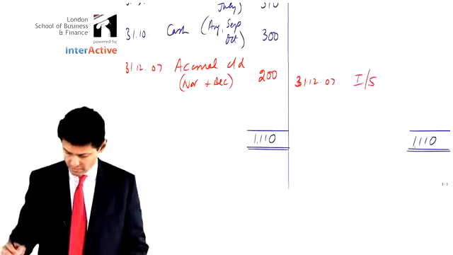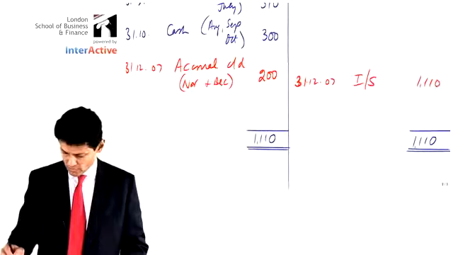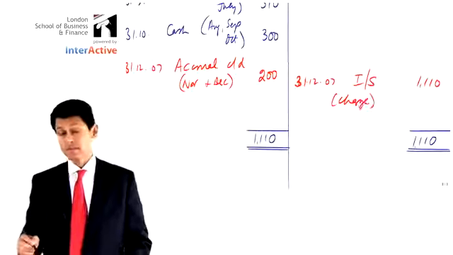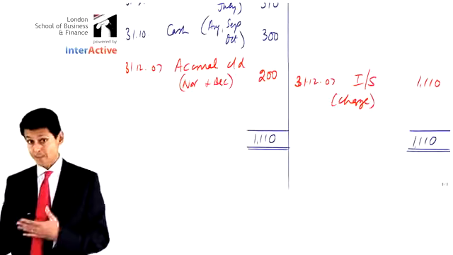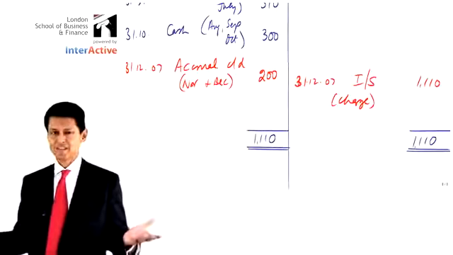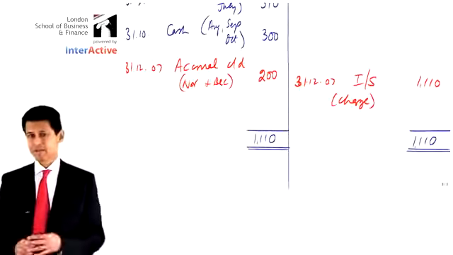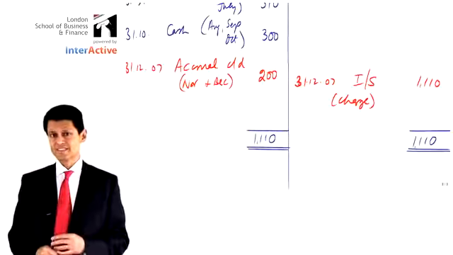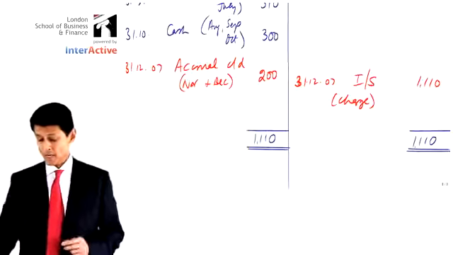Income statement 1110. That's a charge. The double entry, I suppose, is debit income statement, credit the gas. So the gas account disappears to 0, apart from the carry forward, of course, of 200. But the income statement itself will be debited with the 1110.